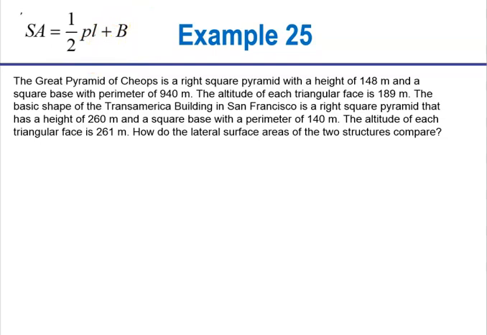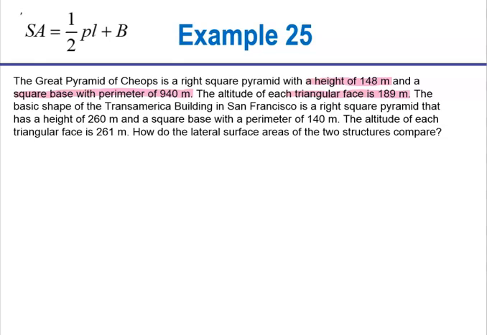So Cheops, I'm going to make pink, is a right square pyramid with a height of 148 meters and a square base with perimeter 940 meters. It goes on to say the altitude of each triangular face is 189 meters. Okay. Then on the other hand, Transamerica.